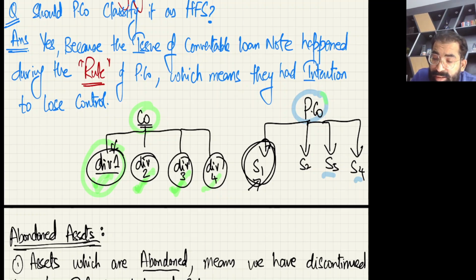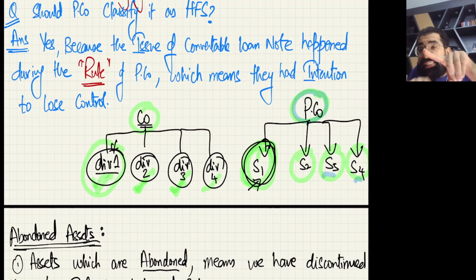And if we are working like a group, so it's a parent company with 4 subsidiaries: subsidiary 1, subsidiary 2, subsidiary 3 and subsidiary 4. And now we are planning to sell subsidiary 1. So again this will be a discontinued operation. Why? Very simple.